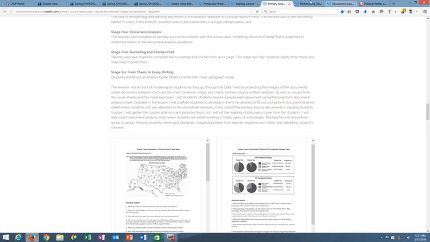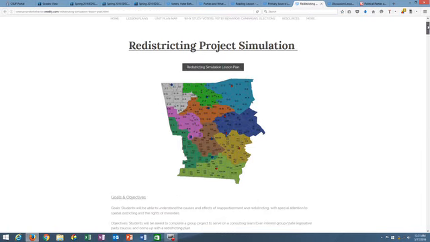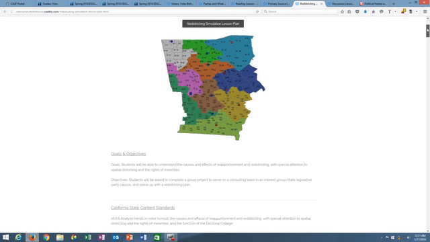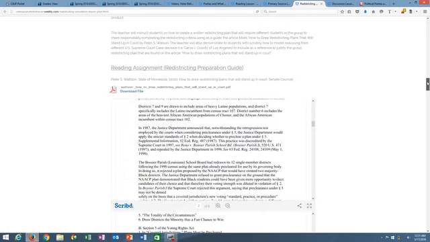Also, what I'm really proud about following that is a redistricting project. Students are able to use this hypothetical state of Chester to reconsolidate an 11 district map and reapportion it into a 10 seat delegation, and they're able to use different rubrics here.